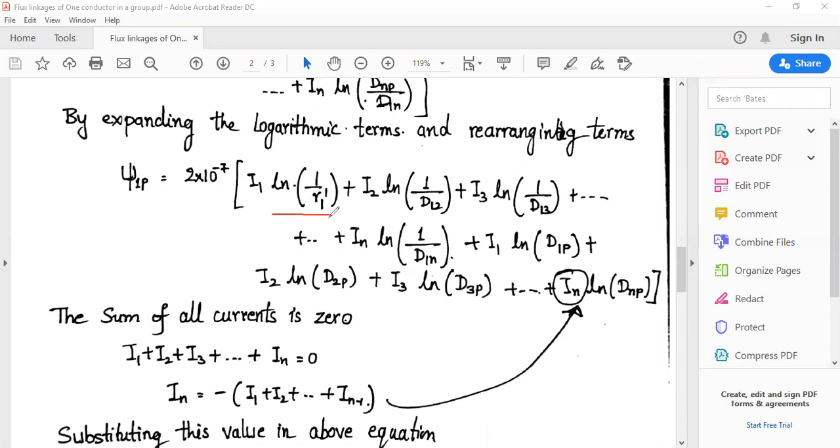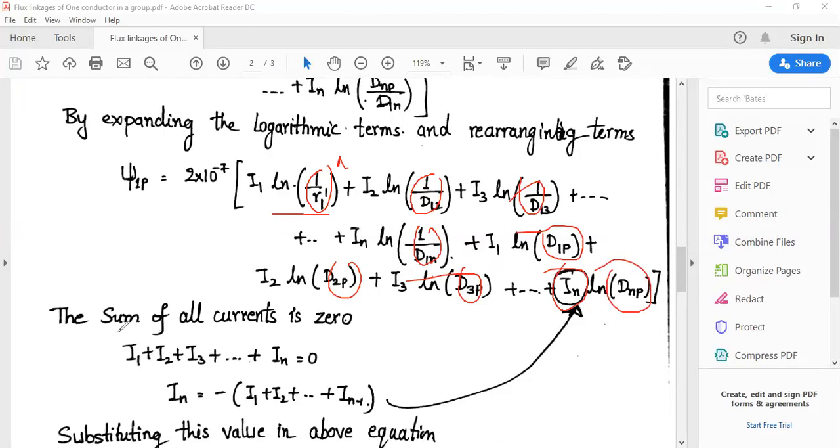Log AB, you can generally write as log A into B. So here I have split it as A, and this term is split up as B. So log AB is given as log A plus log B. So this is given for each and every term. I can write it in logarithmic expansion, so I can split it up and write it properly. So this is IN ln of DNP.